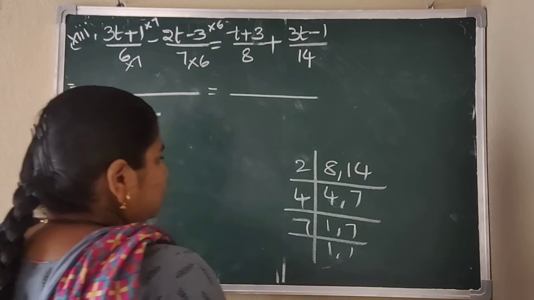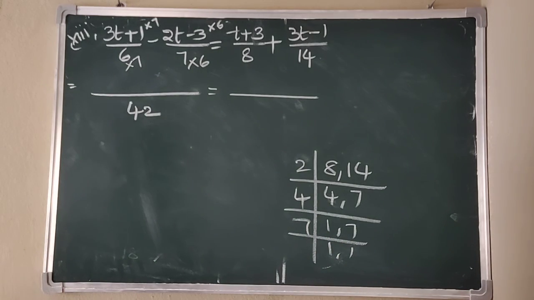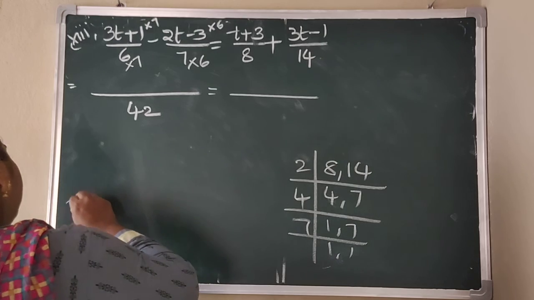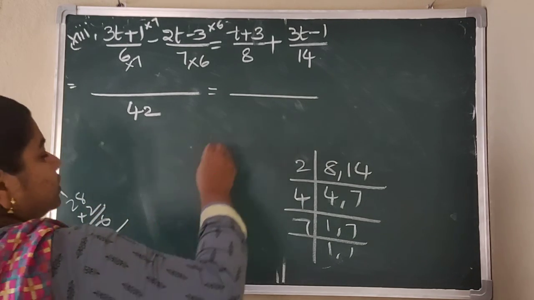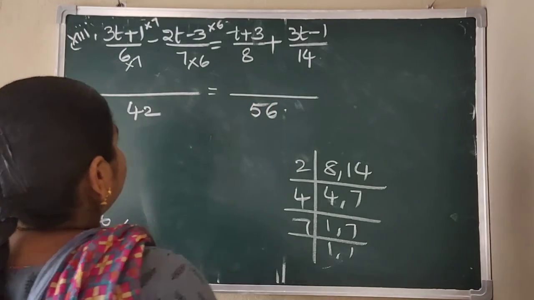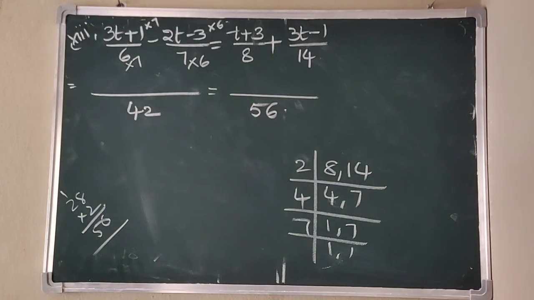Now 4 twos are 8, 8 sevens are 56. You got 56 here. 6 and 7, 6 sixes are 36, 6 sevens are 42. Here you got 42.